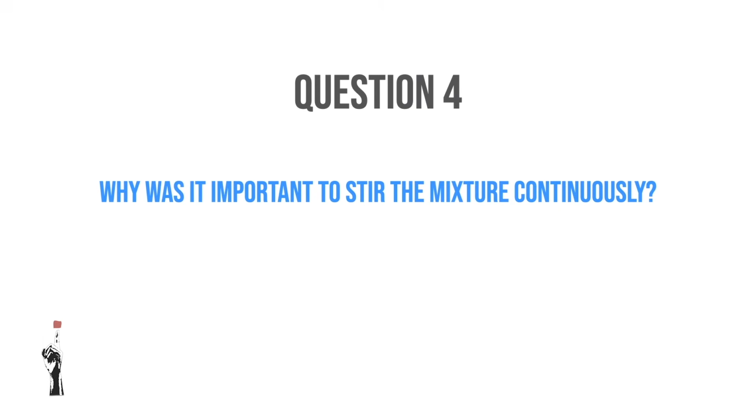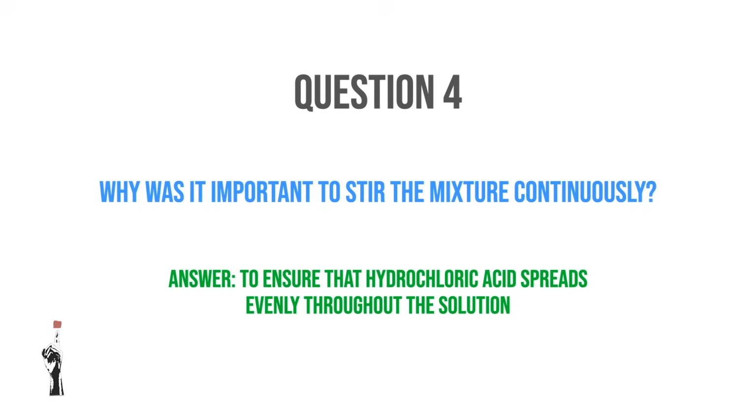Why do you think it was important to stir the mixture continuously? This is to ensure that the hydrochloric acid spreads evenly throughout the solution, and this is what we call diffusion.